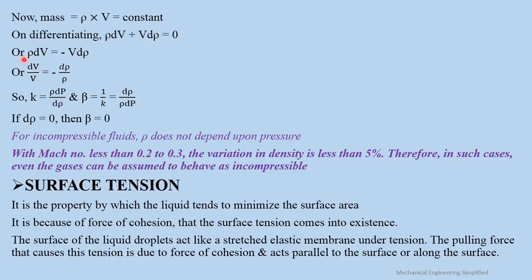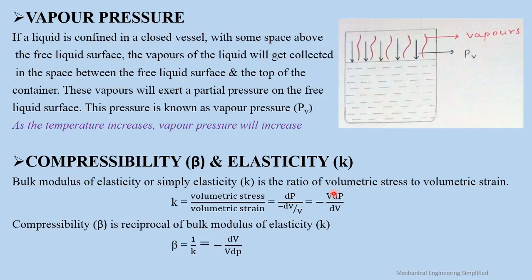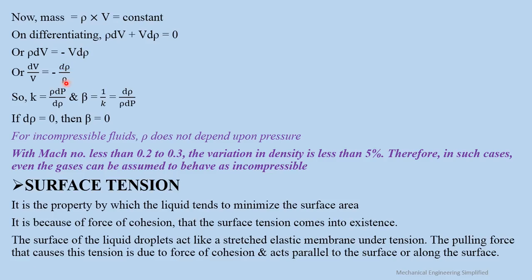On simplifying, you can get dV/V = -d rho/rho. So in the formula of K, where we have dV by V, in this place we can substitute minus d rho by rho, so we get K = rho dP/d rho, and beta, that is 1/K, is d rho/(rho dP).